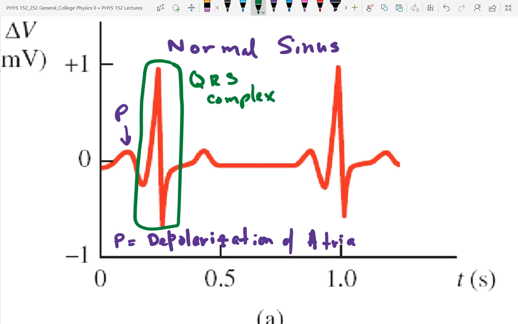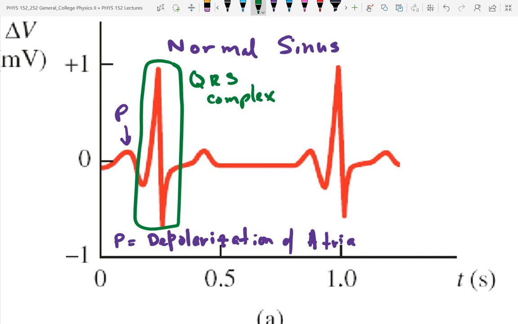That's causing the big push of blood. And I don't remember, maybe it's only two things, maybe it's just those two things. But that's what the QRS complex is. It's the recovery of the atria and the pumping of the ventricles, pushing blood from the right side of the heart to the lungs, so deoxygenated blood goes to the lungs for gas exchange, and then pumping the oxygenated blood from the left side into the rest of the body.